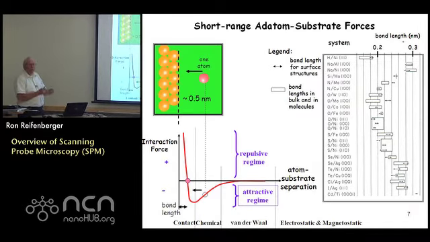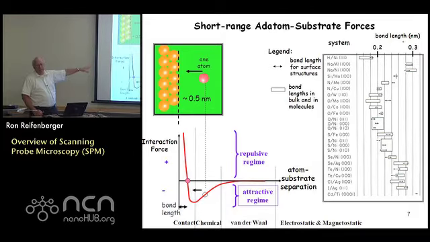So going from one atom to a tip of atoms doesn't really change the shape of the interaction force versus separation. And so this is the actual force curve that controls whether the tip is pulled toward the substrate or whether it's repulsed away from the substrate, as you shrink the separation between the tip and the substrate. It all goes back to this fundamental force curve, right?